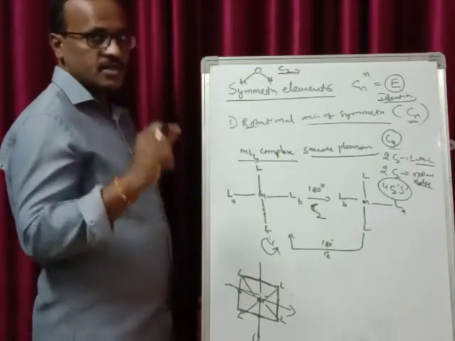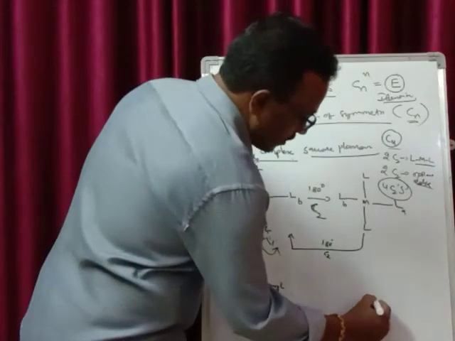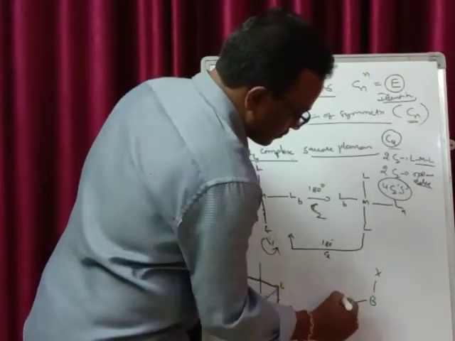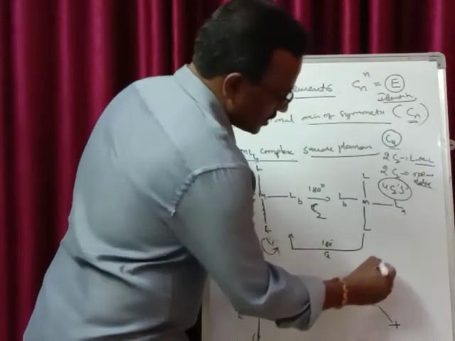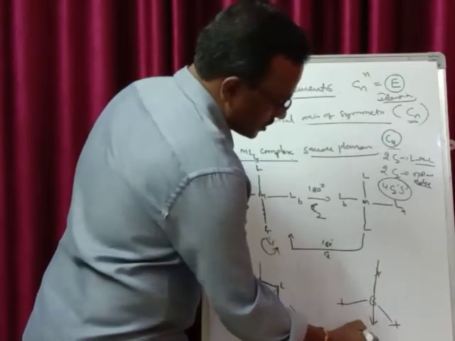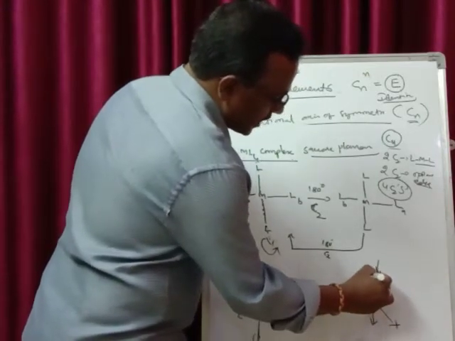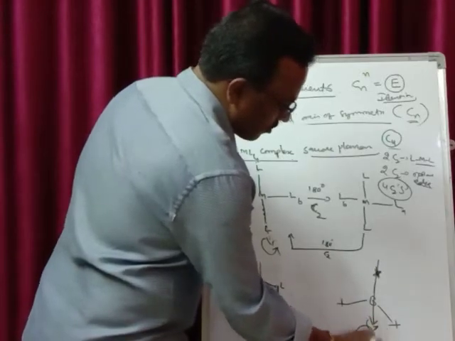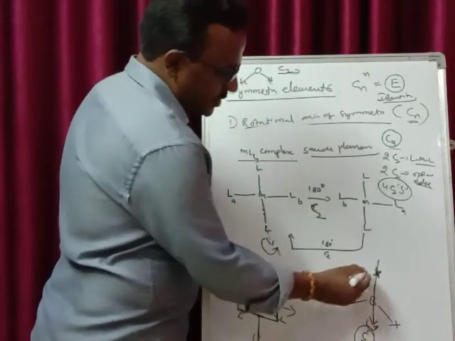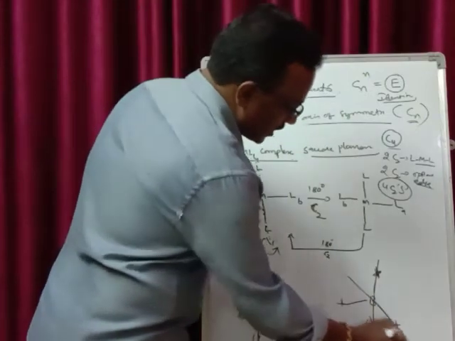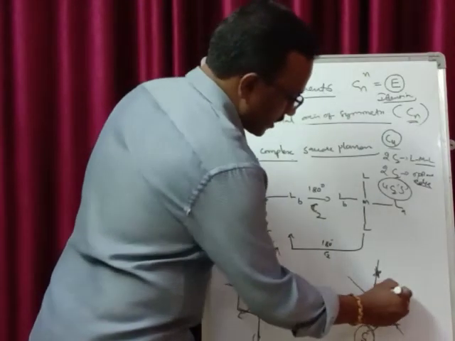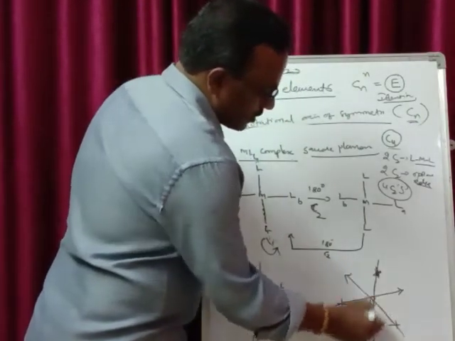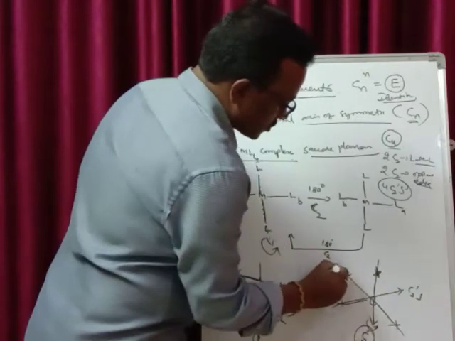I just missed something regarding the BX3 molecule. In the case of the BX3 molecule, I said that there is one C2 passing through the X and the boron. So along this axis you have C2. Like this BX bond, how many BX bonds are there? Three BX bonds are there. Therefore, there will be three C2s.